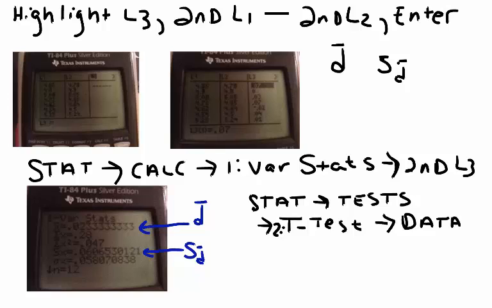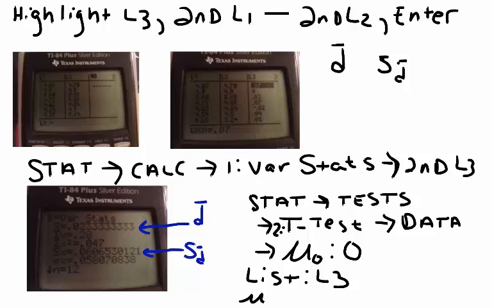Next, you'll enter your null hypothesis, mu sub 0, which, for pairwise differences, we use 0. So for mu null, we'll enter 0. For the list, we'll select L3 by pressing second L3. And then below that, you'll see mu, and you'll have options to choose a two-tailed, left-tailed, or right-tailed test. We'll select two-tailed, and from here we will calculate our result.